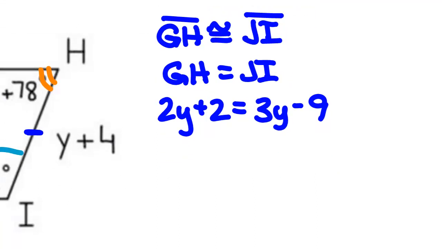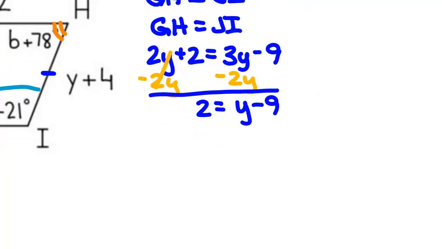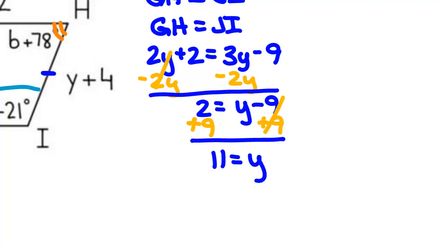Now I want to get my y's to the same side, so I'm going to subtract 2y from both sides. That gives me 2 is equal to 3y minus 2y, which is 1y, so 2 equals y minus 9. And then we add 9 to both sides to isolate y, and I get that y is 11.